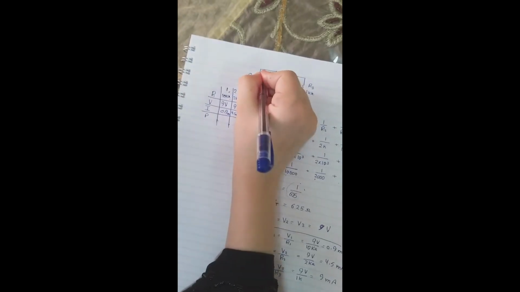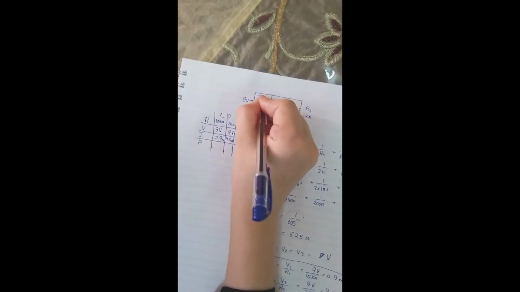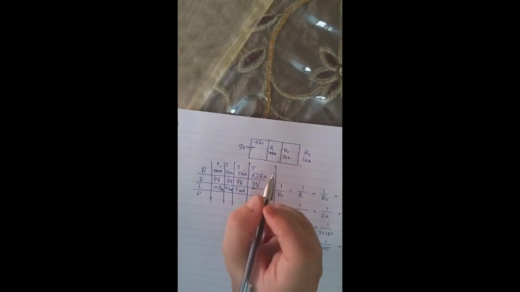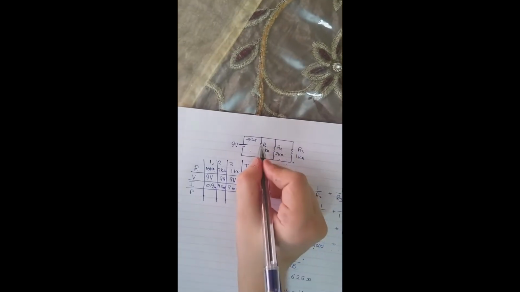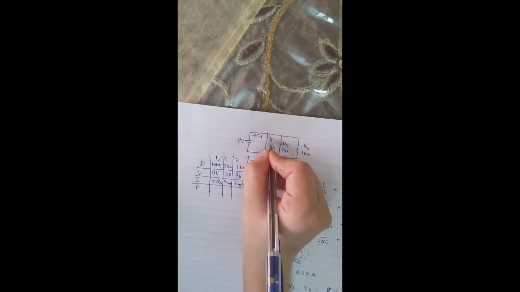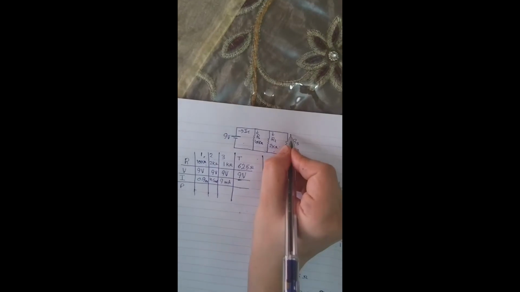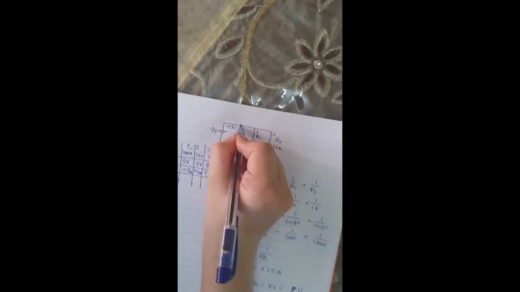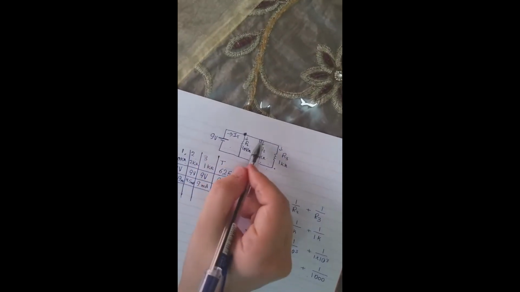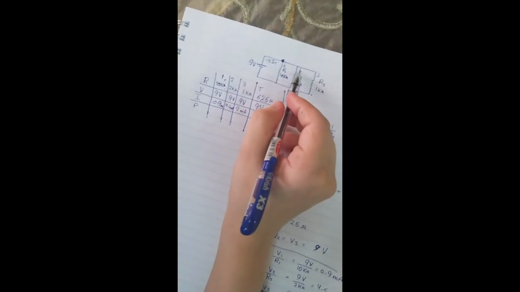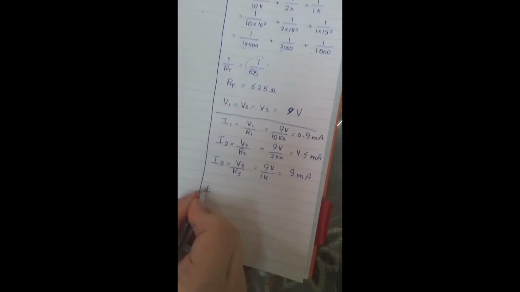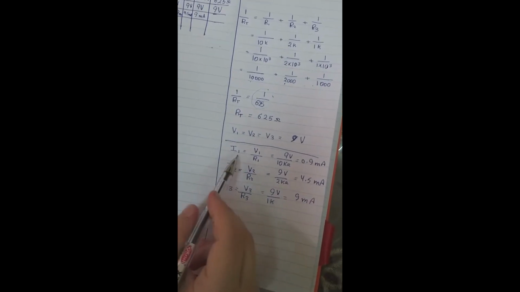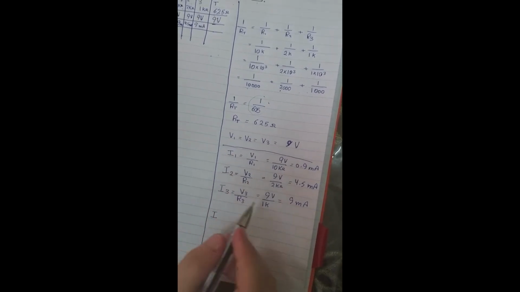I total is the current that goes out of the power source or the voltage source, and it's divided across all the branches. So when the current reaches this node, it will be divided to each one of these branches. Here is I1, here is I2, and here is I3. So simply we can add the three currents that run through the three branches.